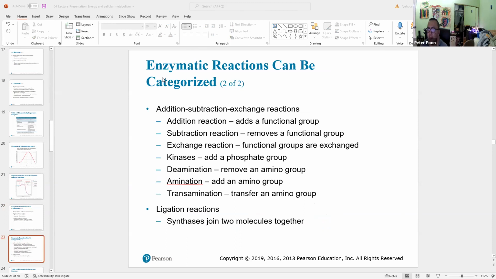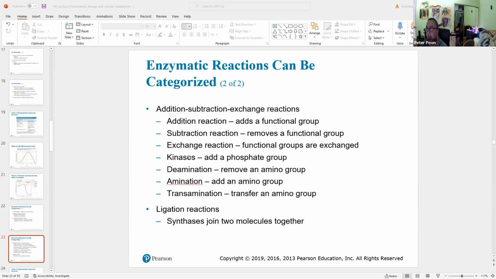Addition and subtraction reactions, you can just read through it. You should know what each one needs to do. Addition reactions, subtraction reactions. There are things that can fit in multiple categories, like kinases.